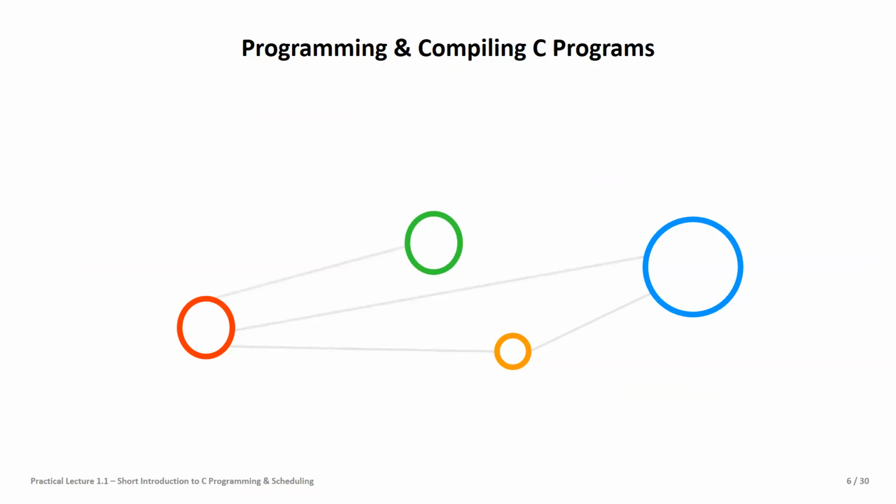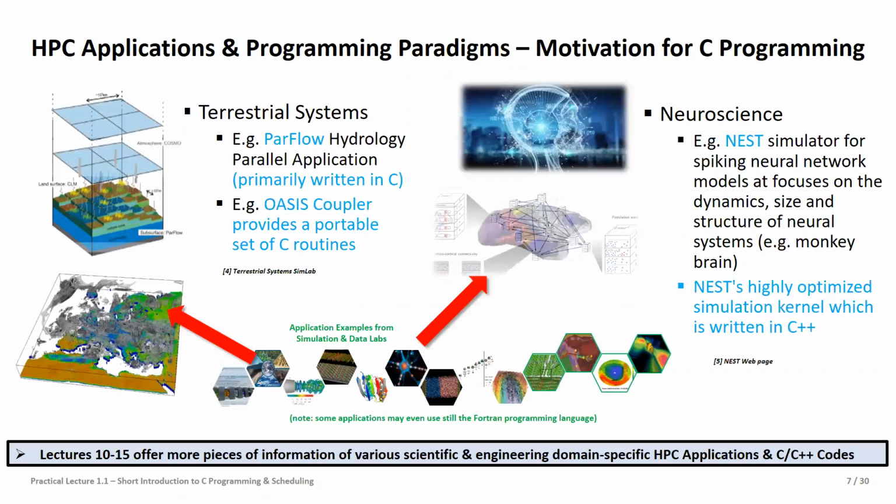Starting with programming and compiling C programs, students usually ask the question, why is that so important for HPC? Today we have JavaScript, we have Java, we have so many, let's say, Ruby and other interesting languages, or Julia. So why do we need basically C?